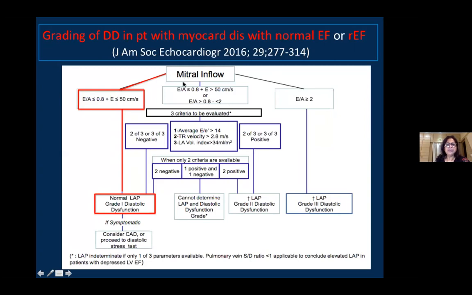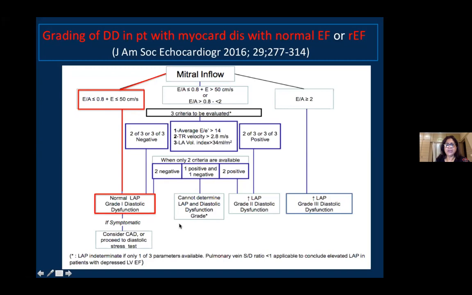You see, first you look at the mitral inflow. If E by A ratio is less than 0.8 plus E wave velocity is less than 50 centimeter per second, you can straight away say that this patient has normal left atrial pressure or normal LV filling pressure, and we label this as grade 1 diastolic dysfunction.